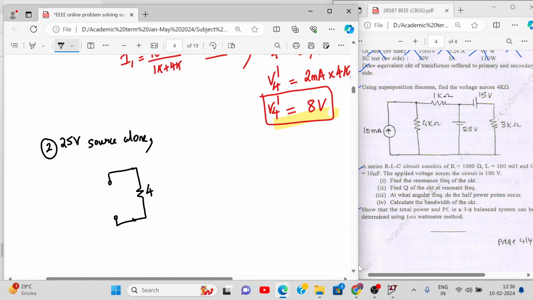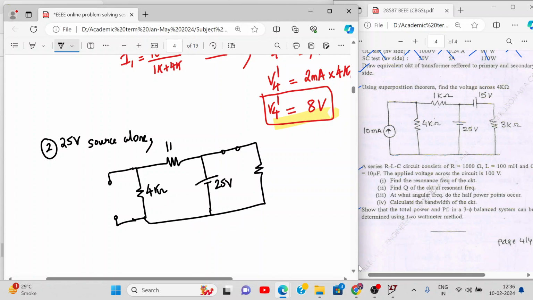Then we have this 4 kilo ohm resistance. This is like this. Okay, this is 25 volt, this is 1 kilo ohm, and this is 3 kilo ohm. Now how do we solve this?